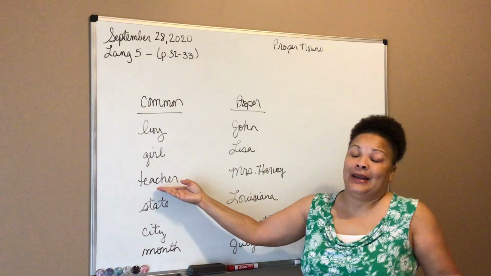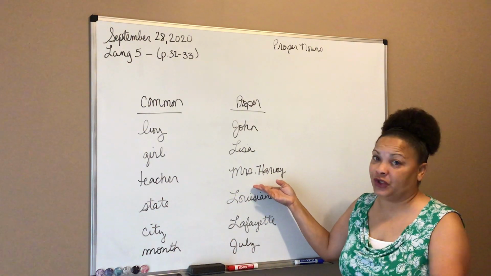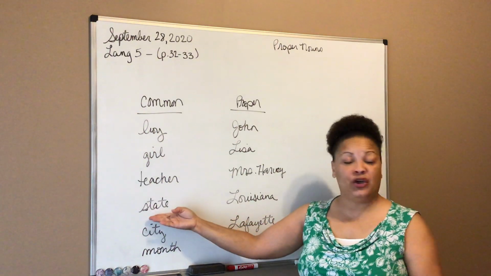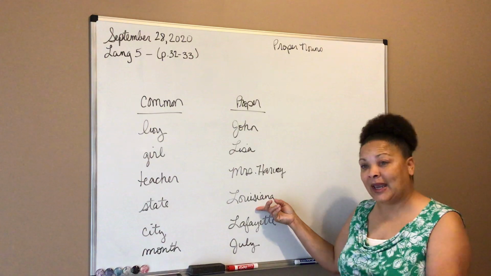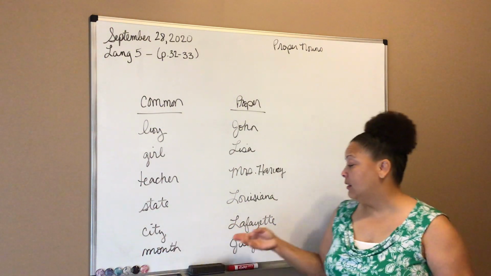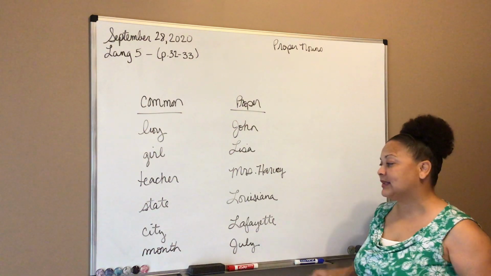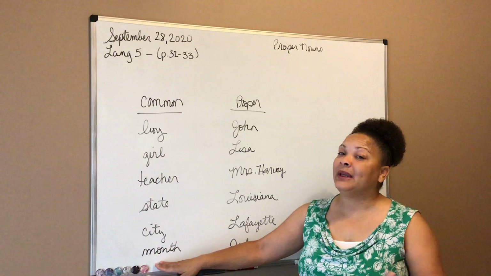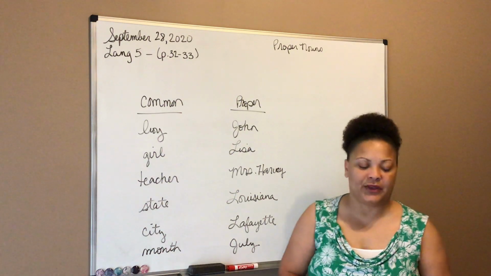Teacher is just any teacher, but Mrs. Harvey is a specific teacher, okay? State could be any state. Louisiana is a specific state, okay? City could be any city. Lafayette is a particular city, a specific city. Month could be any month. July is a specific month, okay?